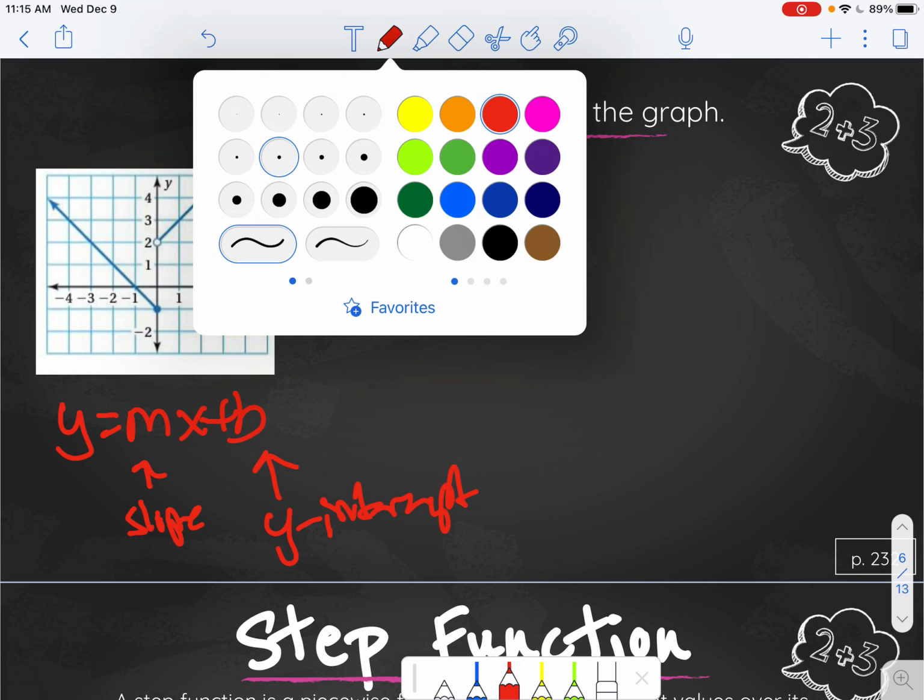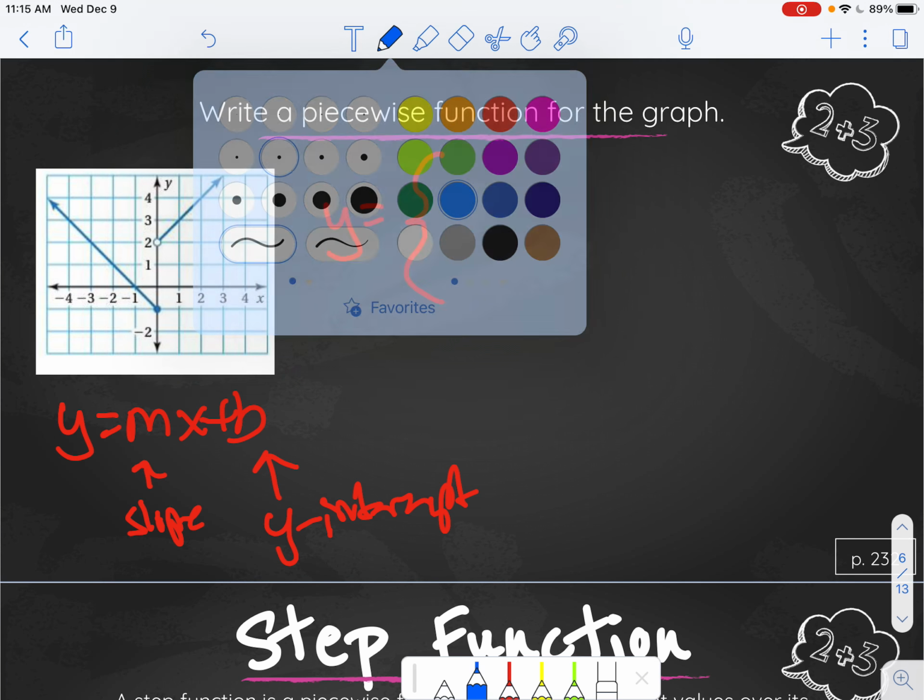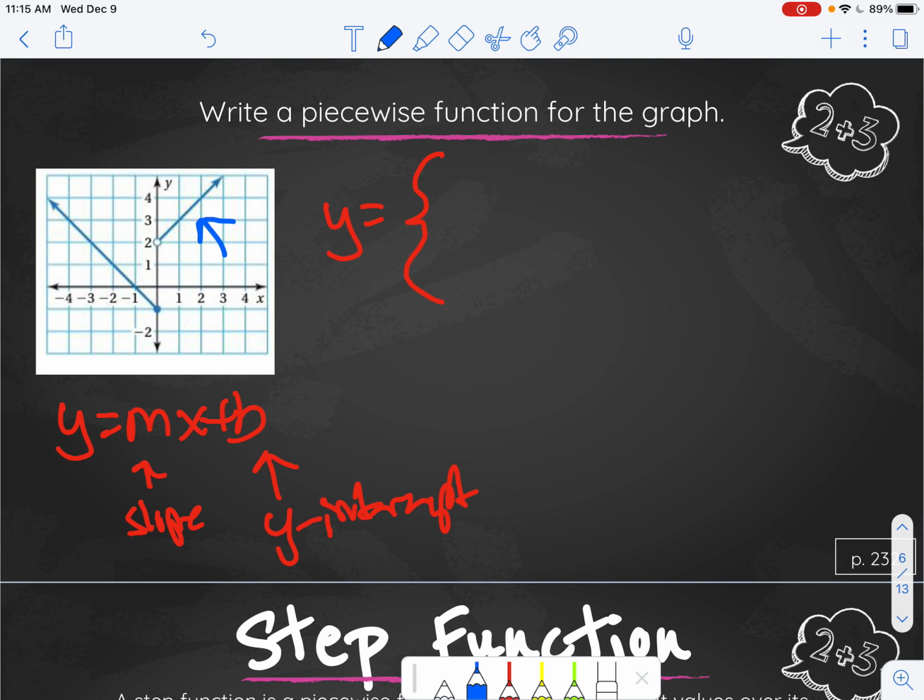So if we look at this first one, if you look here at this line, the y-intercept right away is really easy to see. We see the y-intercept is at +2, so I'm just going to put +2 right away because that's pretty easy. Our slope, there's a couple ways you could find this.